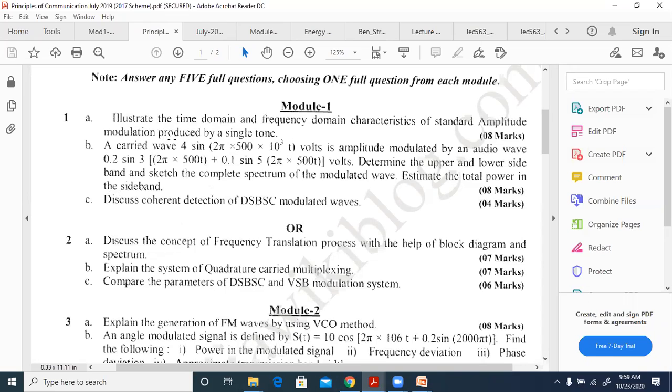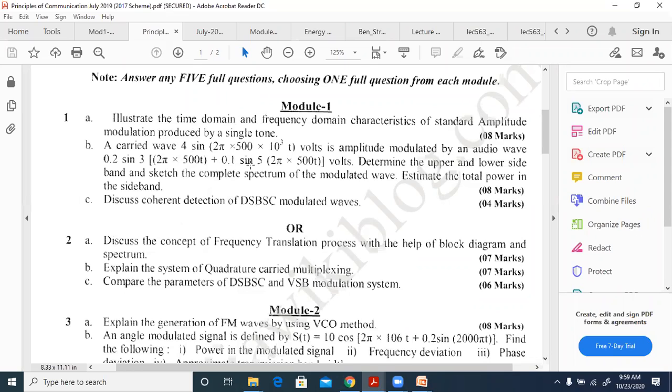So somewhere the bracket has gone wrong. If I'm right over here, it cannot be like this, right? So this is the carrier wave, amplitude modulated by an audio wave. The audio wave has two tones. This is AM1, with 2π × 3 × 500 being FM1.